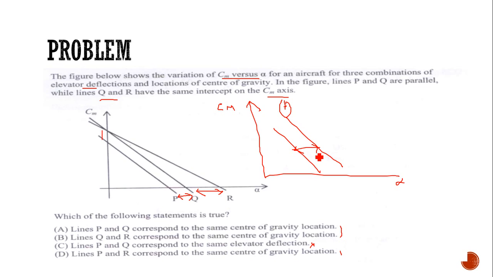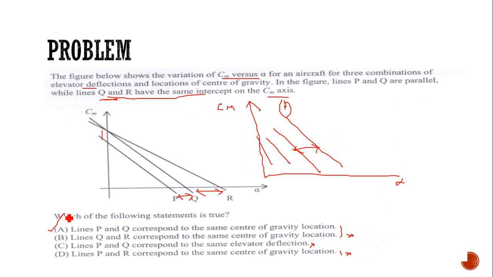So for different angles we get different lines like this. As we already said, Q and R have the same intercept, so this answer is also wrong. And P and R are not parallel to each other, so this is also wrong.